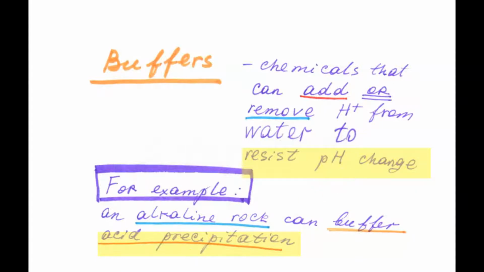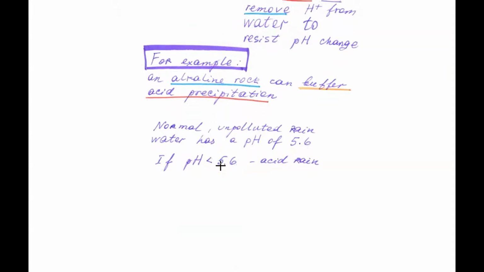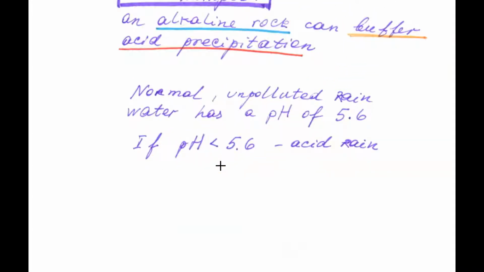And I would like to focus on another important idea which is shown here on this line about the rainwater. So let me explain what I mean here. We already know that pH of pure water is 7, right?